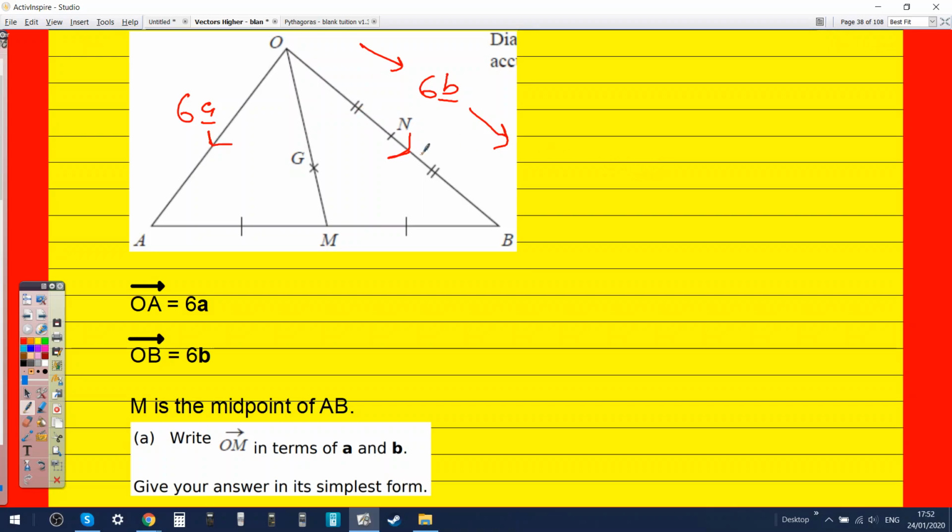What do these two lines mean? Isosceles. Yes. It will mean that this line is the same length as this line. And so, yes, N is the midpoint. Okay.